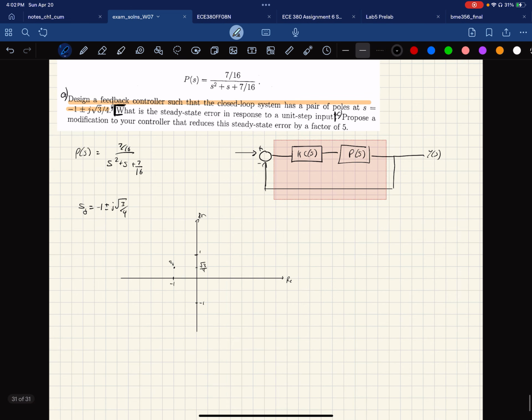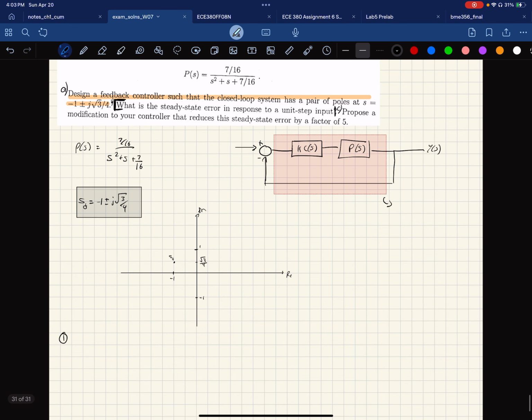In designing the controller, we know that SD is -1 plus minus j root 3 over 4. What this means is that the overall system needs to have the poles at -1 plus minus j root 3 over 4. Okay, cool. The first step is accepting the rule that the sum of the angles contributed by the controller plus the sum of the angles contributed by the plant must equal -180 degrees.